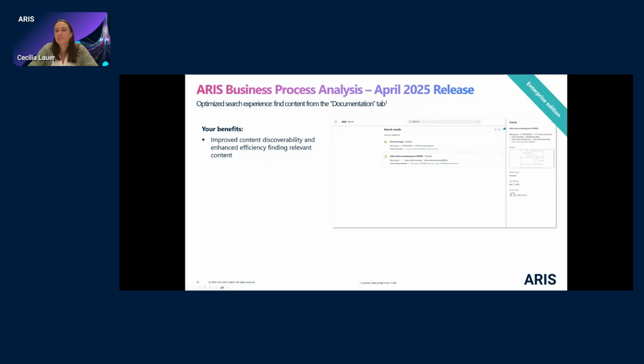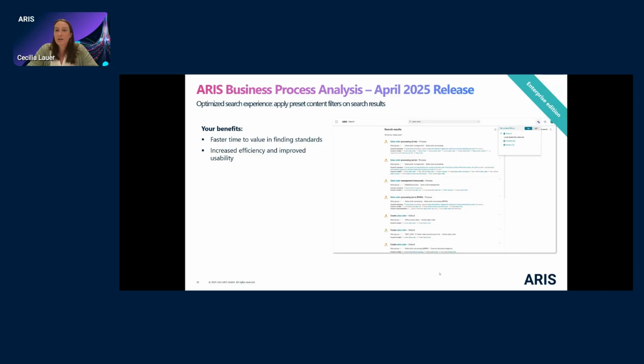So we can search the documentation attribute, and it's really about improving discoverability. And the second optimization that you see here is to apply preset content filters also on the search results. I think you can already see the pattern.